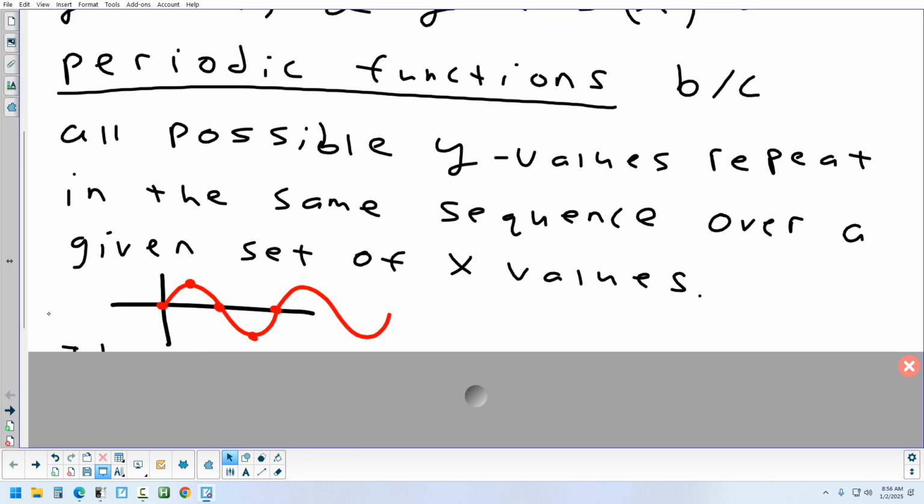The amount of time that it takes to repeat is from that blue line to that blue line. There's a name for that distance. It's the distance that it takes your graph to basically do its thing and then start over. And we'll talk about how big that distance is in a second and what the name of that distance is.